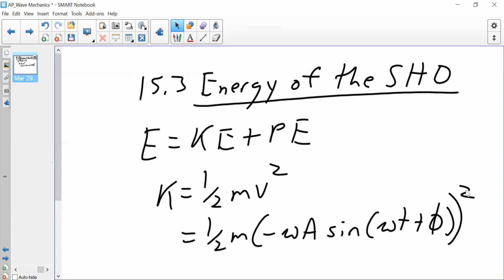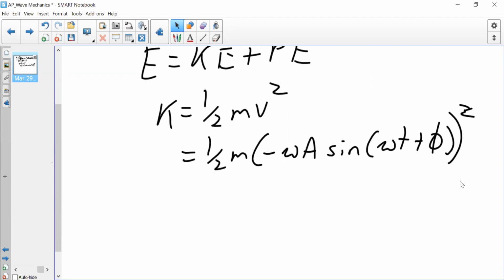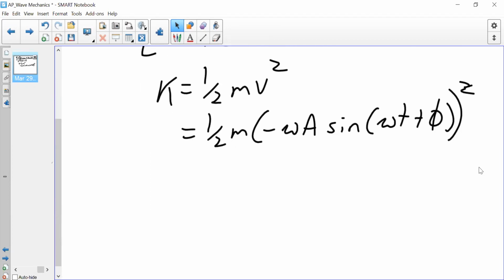Right? Look familiar? The derivative of a cosine omega t plus phi, which is negative omega sine, chain rule action.